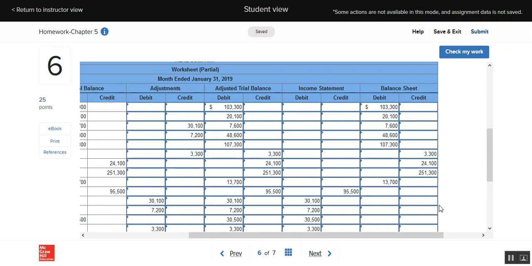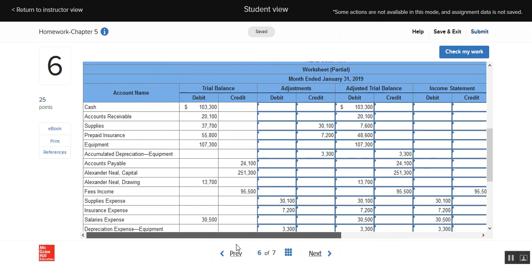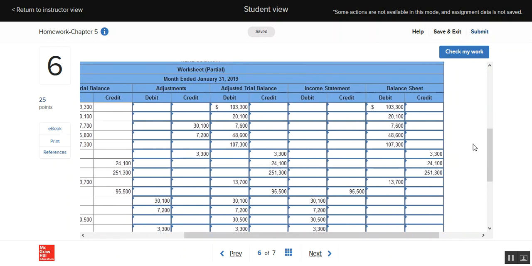And when you finalize the owner's equity for the end of the period on that statement, you take that amount and it shows up as the new owner's equity on the balance sheet. So ultimately, that net income filters through to the owner's equity, which would increase Alexander Neal capital on the balance sheet. That's ultimately what's going to happen.